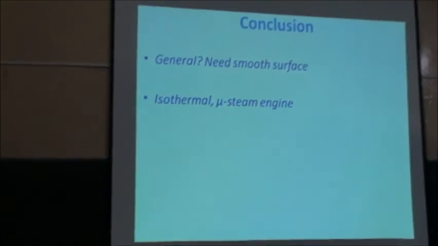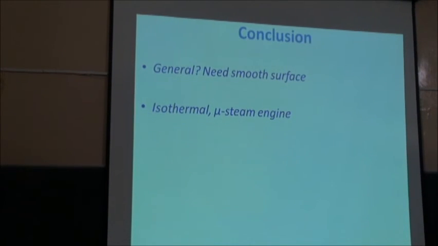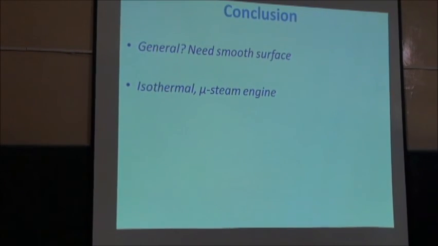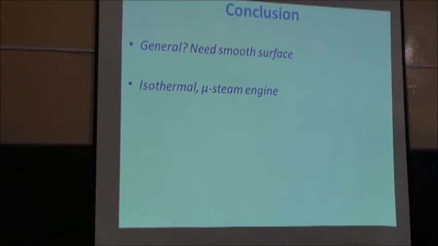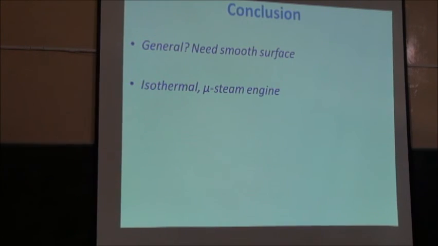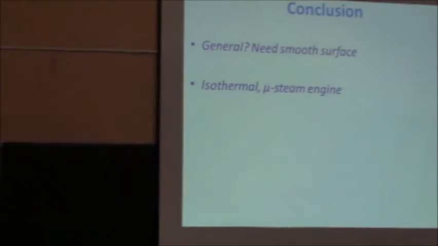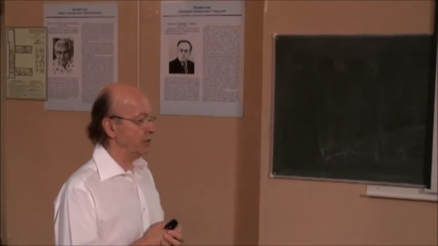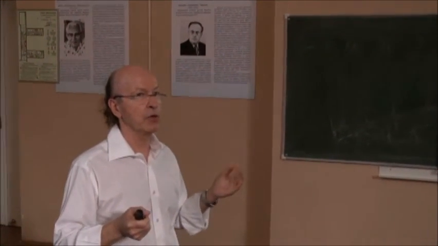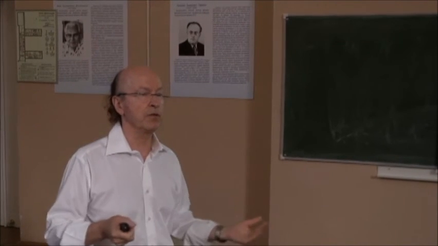Now, as I told you also, this is an interesting example of a steam engine. You have hot and cold sources, the hot surface is air, and the cold is the condensing surface.